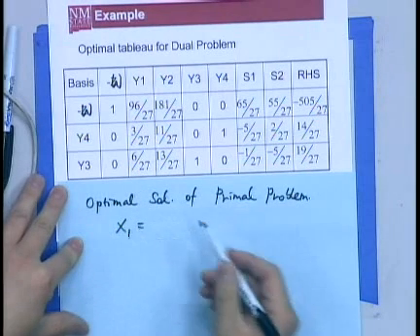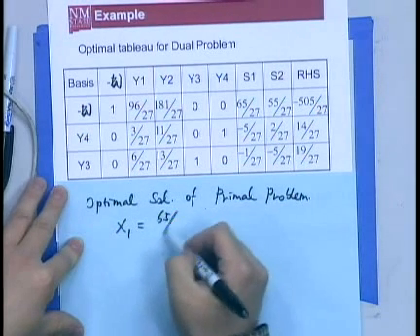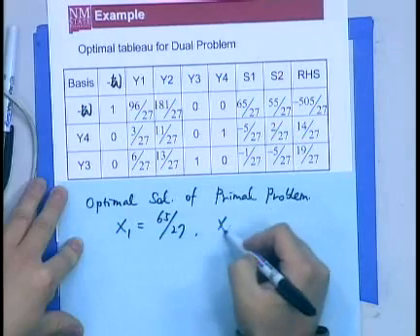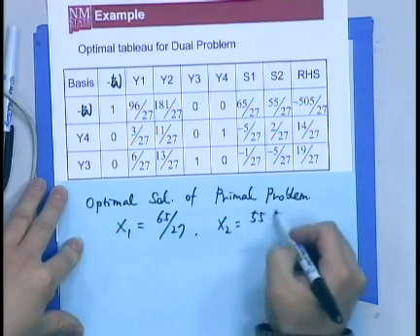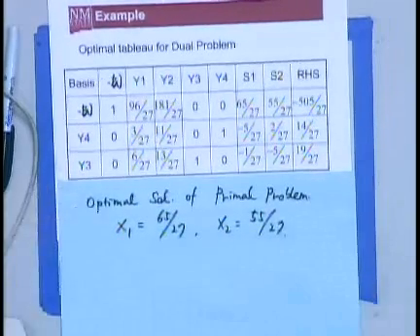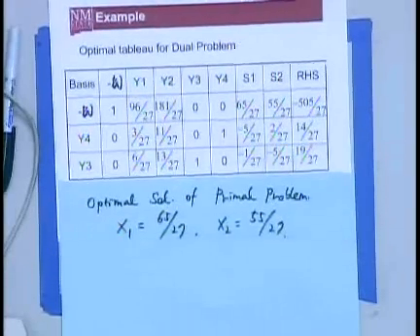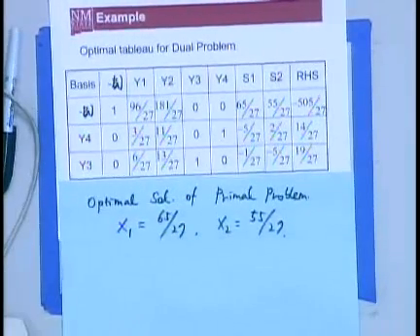So x1 is 65 over 27, x2 is 55 over 27. How do I know this?